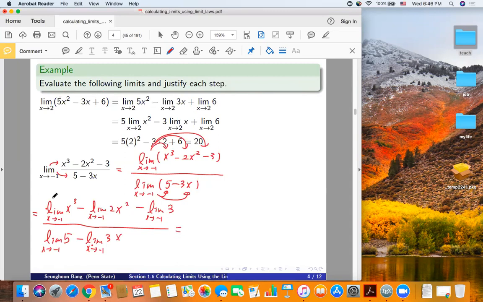So next, take out 2, take out 2, take out 3.